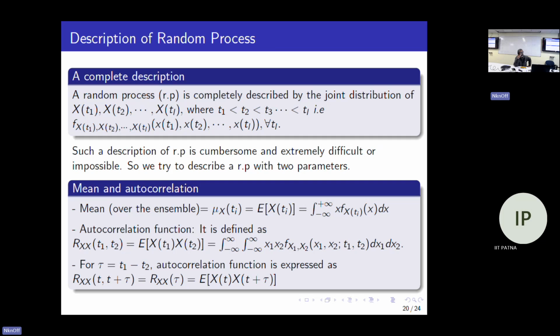Now the complete description. How can a random process be described? Let's say at some point of time we have this population. At another point of time, T2, we have this population. At another time, T3, we have this population.